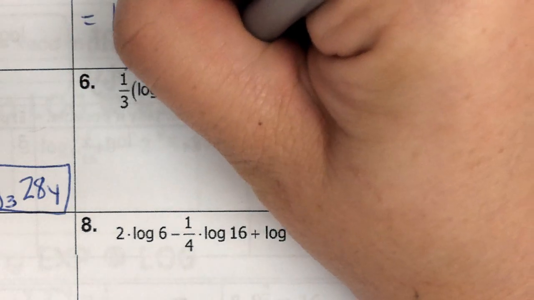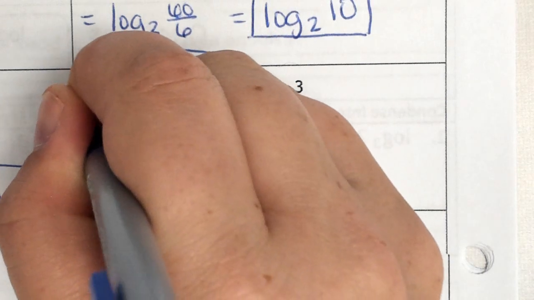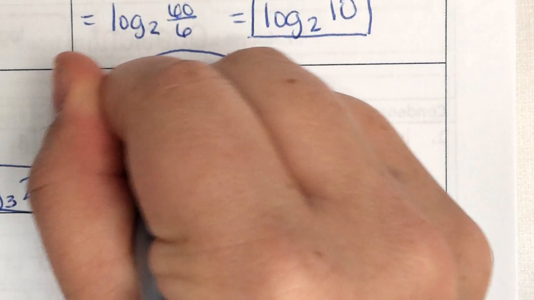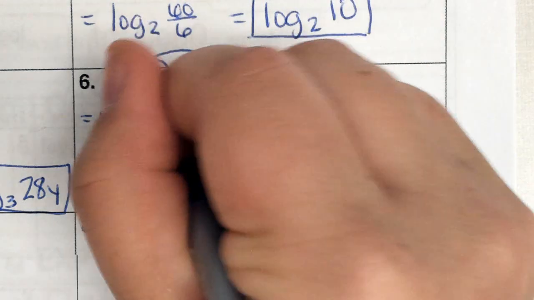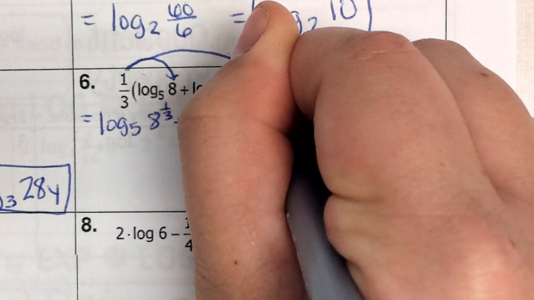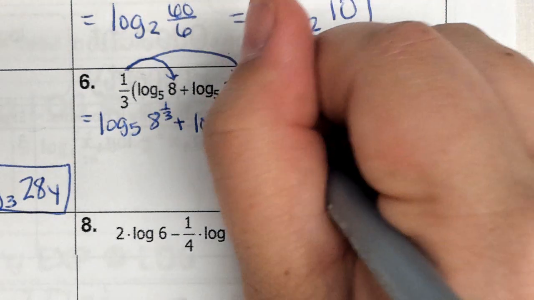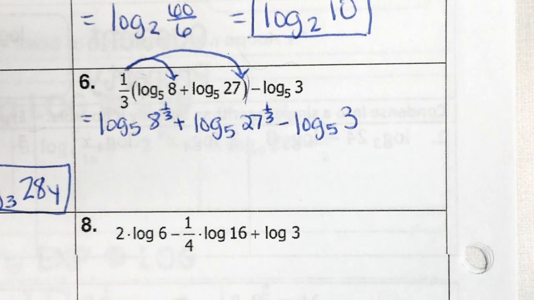So I'm going to move this 1/3 to the 8 and move this 1/3 to the 27. So this is going to become log base 5 of 8 risen to the 1/3 plus log base 5 of 27 risen to the 1/3 minus log base 5 of 3.